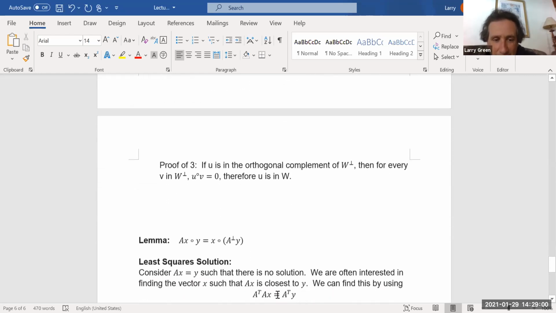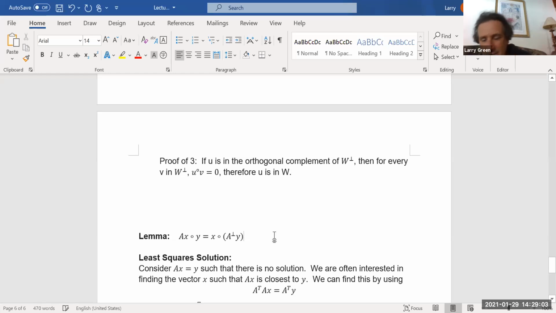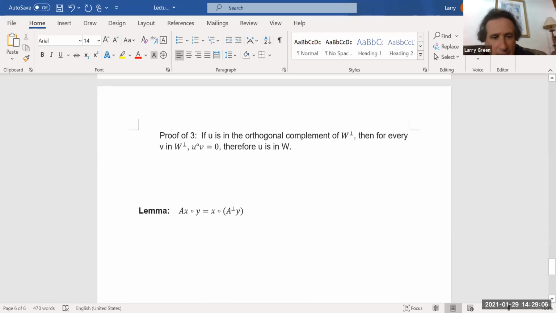Okay, so that's the big theorem. Now comes a lemma. Very helpful lemma. You have to think about this a minute. If we have a matrix A, we multiply by a vector X, and then we dot it with a vector Y, then that is equal to X dot A transpose Y. Why is that true?